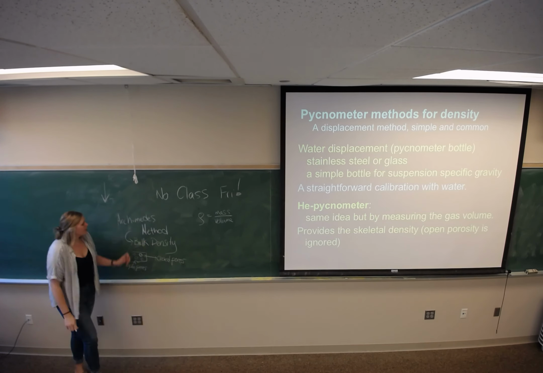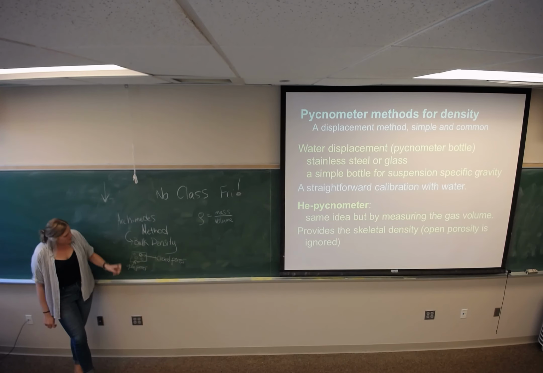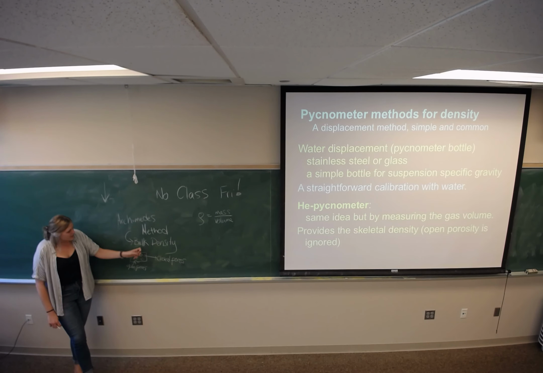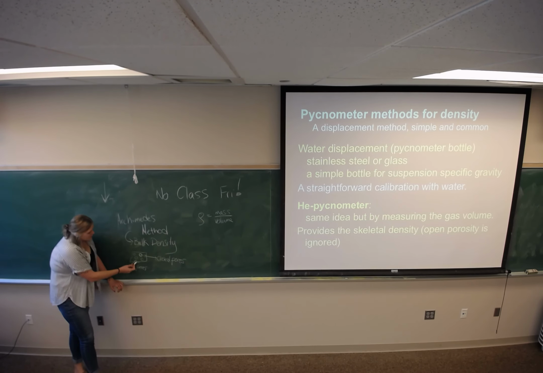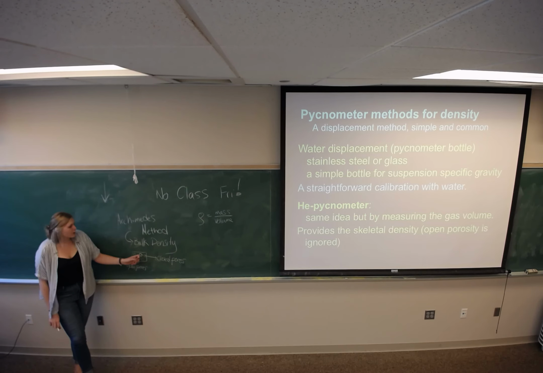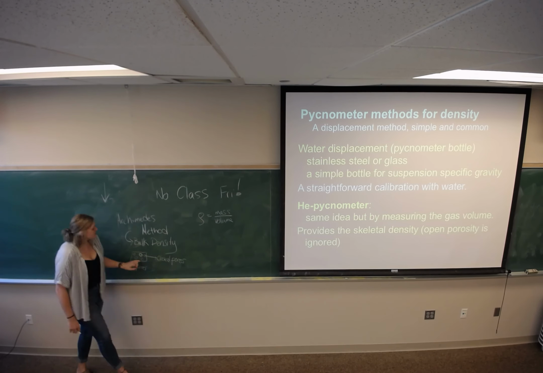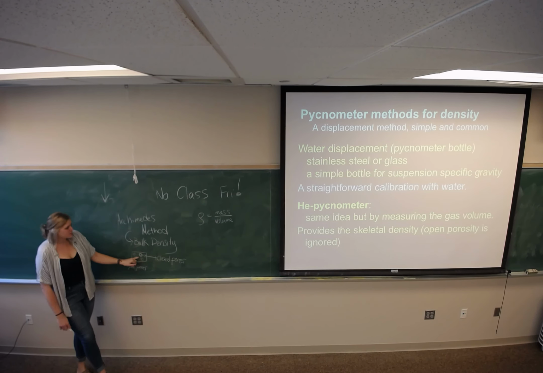So with the Archimedes method, ideally, it's going to measure your bulk density, and your bulk density takes into account your open pores, because when you put your sample into water, or whatever, you can use kerosene too for things that are unfired, your water is going to penetrate in the open pores here, but it won't go into the closed pores. So you get a density measurement that includes the volume with your displacement of these closed pores.